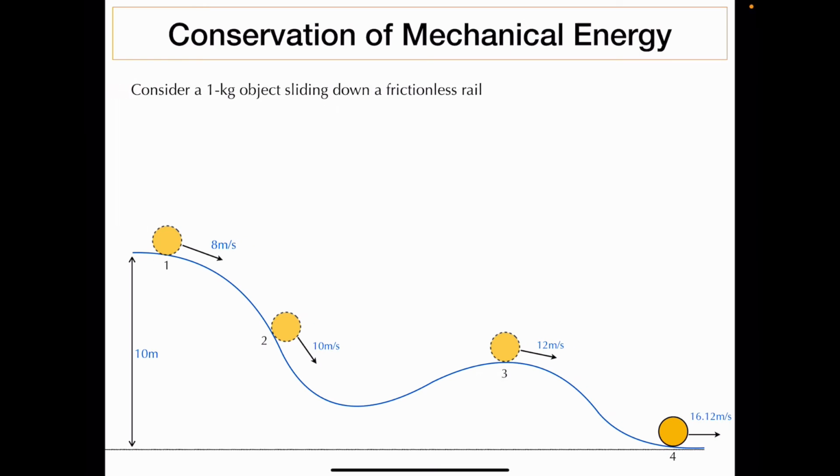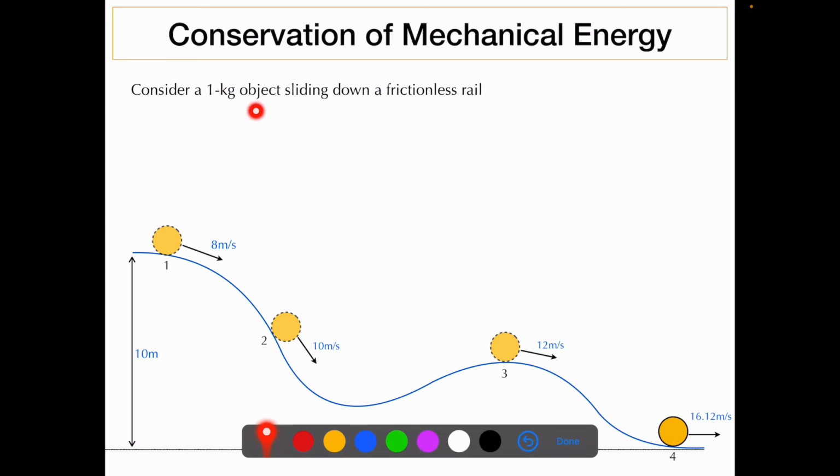Okay, now consider another example in which we will see the conservation of mechanical energy. So we consider a 1 kilogram object sliding down a frictionless rail. Since we consider isolated systems, we do not consider any surrounding environment influence on it.